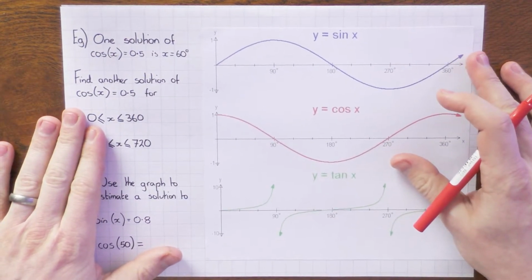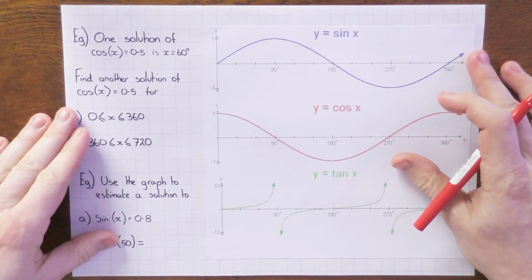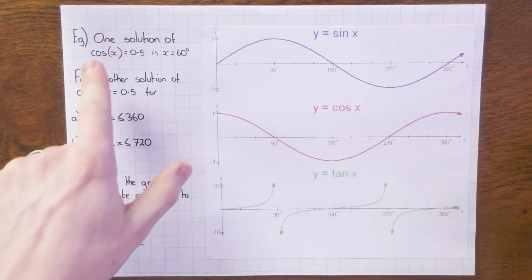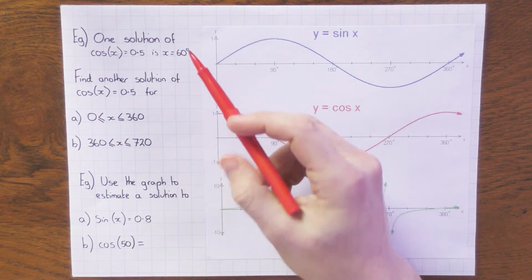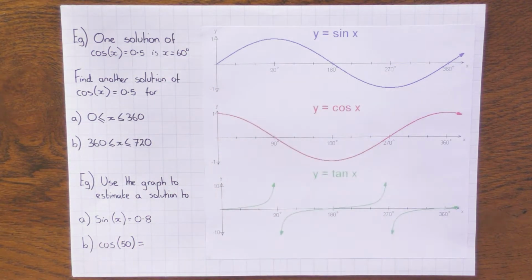Here we go. So, again, just the same graphs. This one is very, very common, this sort of type of question. So one solution of cos x is 0.5 is x equals 60, so 60 degrees. I put the 60 degrees there, although x would technically just be 60.